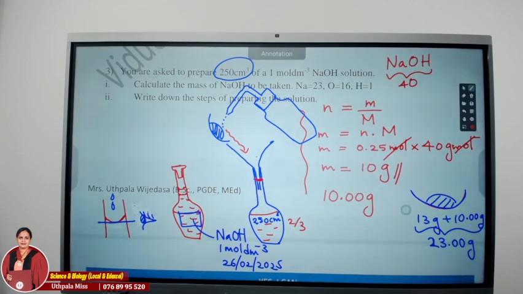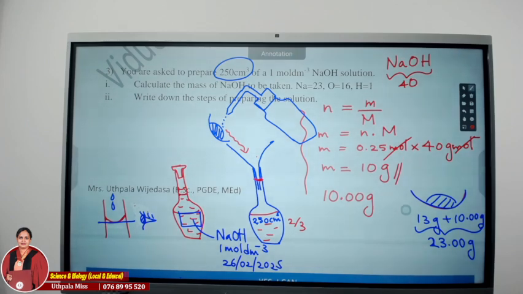Weigh or measure 10.00 grams of sodium hydroxide accurately onto a watch glass using a chemical balance or the 4-beam balance. Next, take a clean 250 cubic centimeter volumetric flask.